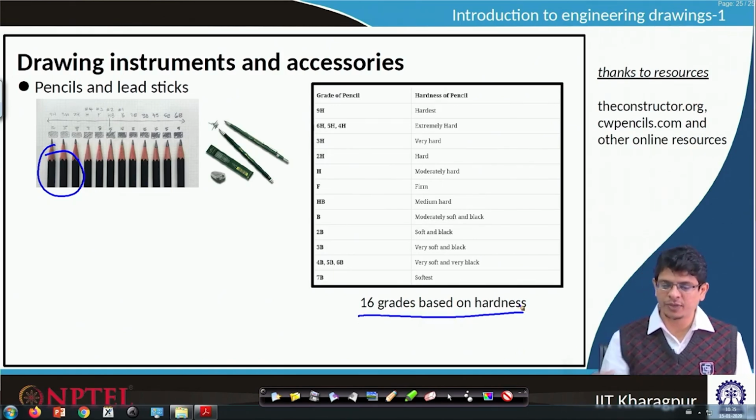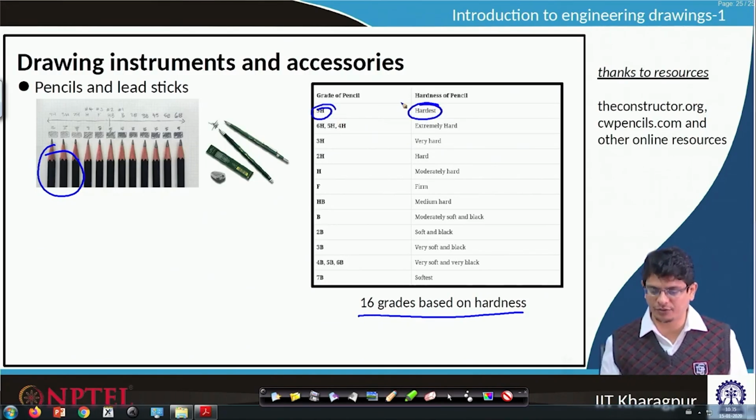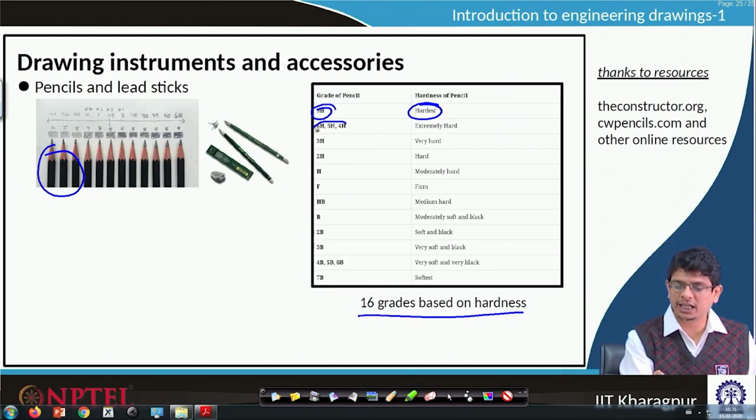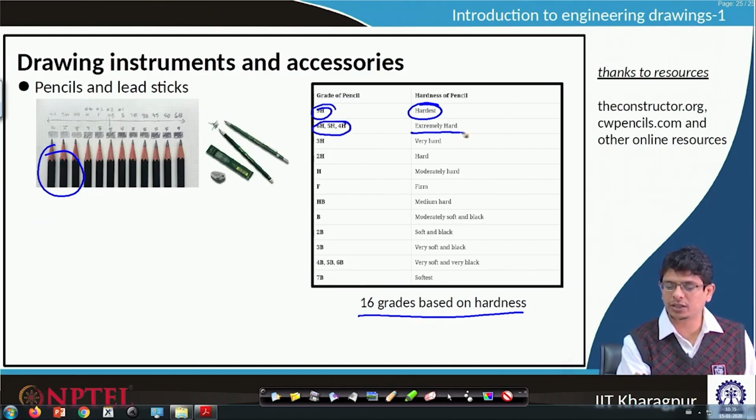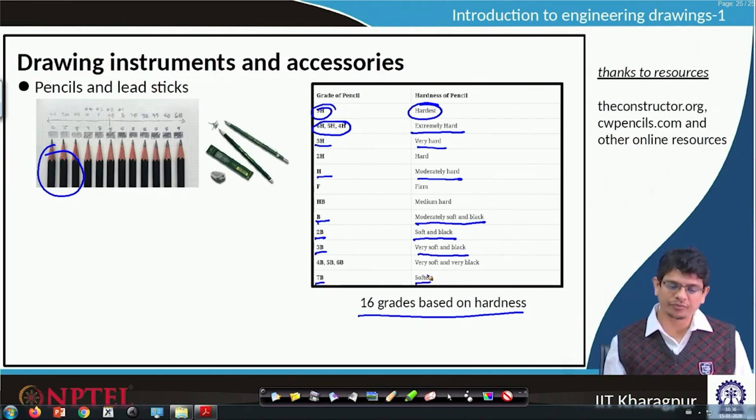For example, a 9H is the hardest kind of graphite. 6H, 5H and 4H are extremely hard. 3H is a very hard pencil, and H is moderately hard. A B type is moderately soft and black. 2B pencils are soft and black, 3B pencils are very soft and black, and 7B pencils are softest of all.